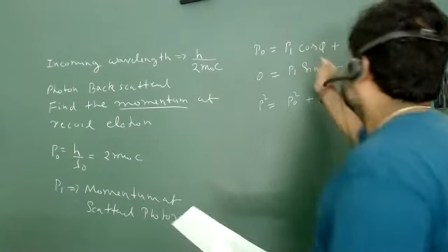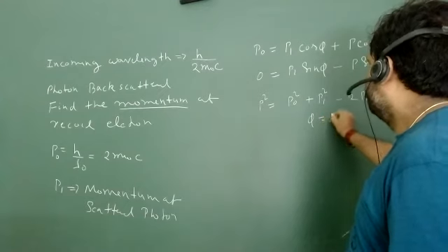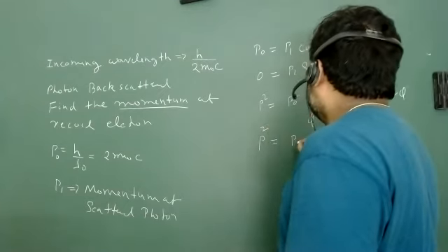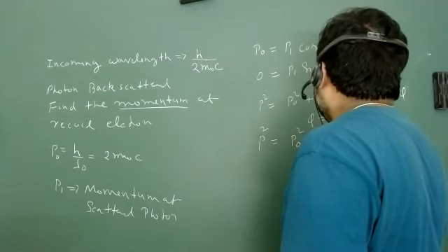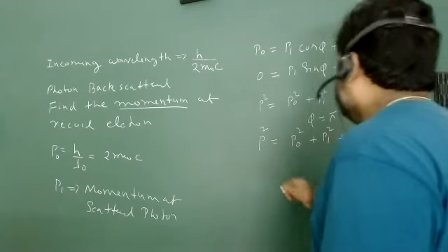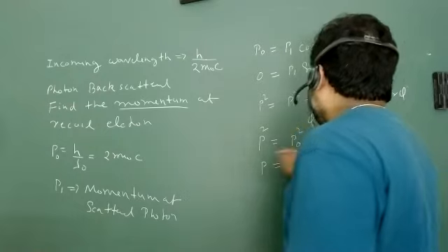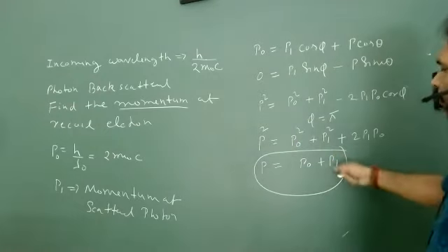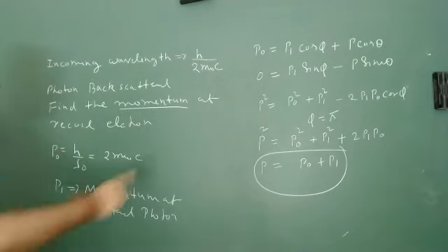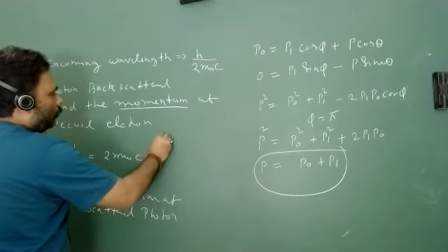Just taking this side and squaring it, we have done it a lot of times. Put the value of phi equal to pi, so P square is equal to P naught square plus P1 square plus 2 P1 P naught, and this is nothing but the magnitude P naught plus P1. Now if you get the value of P1, you can easily find the value of P, and P naught we have just calculated. So how will you get P1?